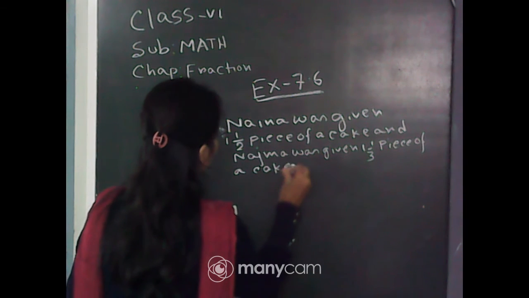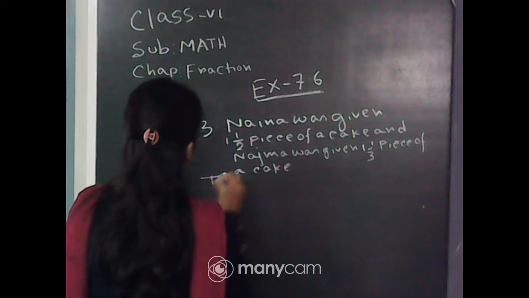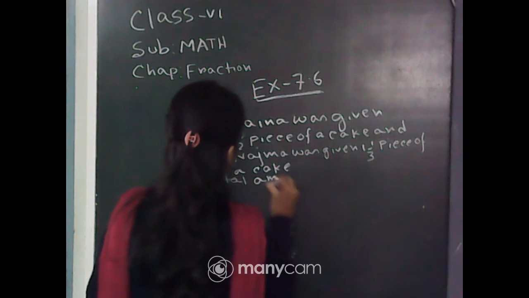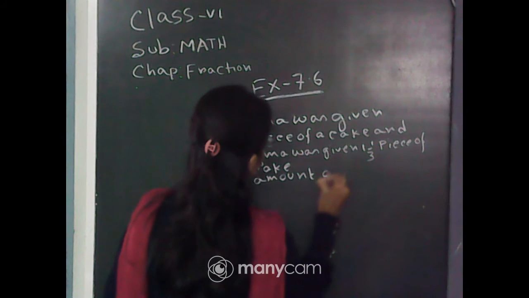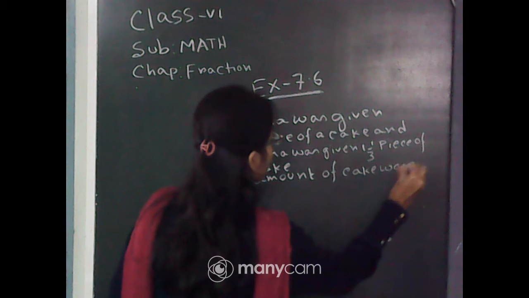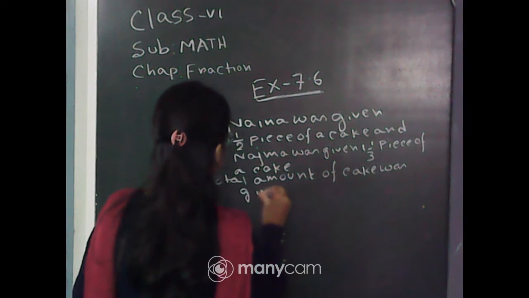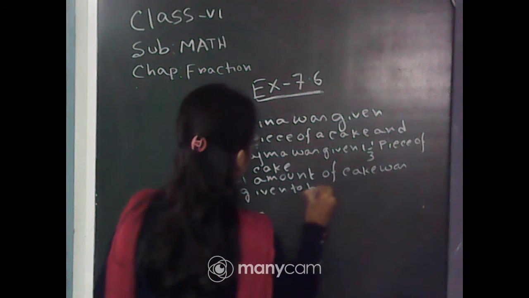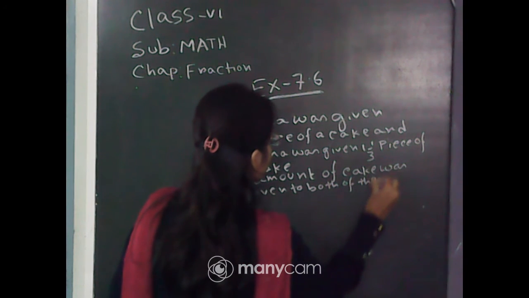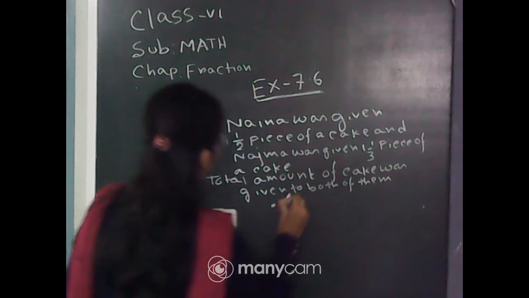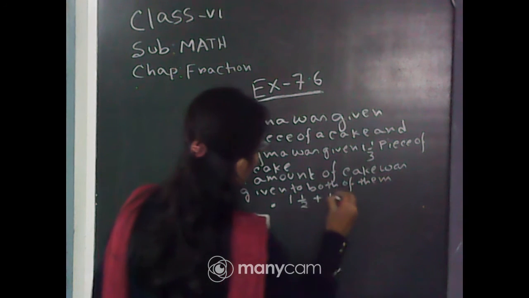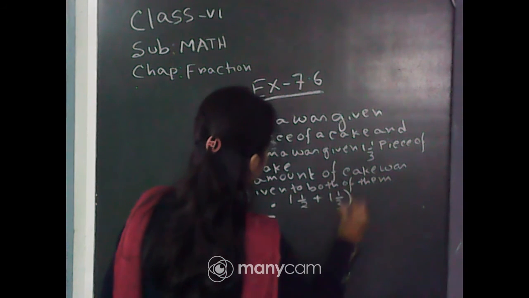Therefore, total amount of cake was given to both of them is equal to 1 whole half plus 1 whole and 1/3 fraction piece of a cake.